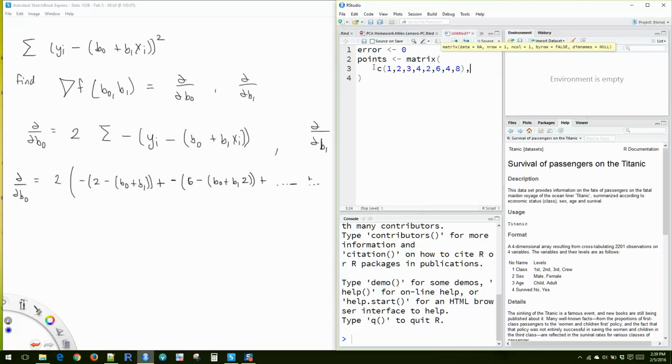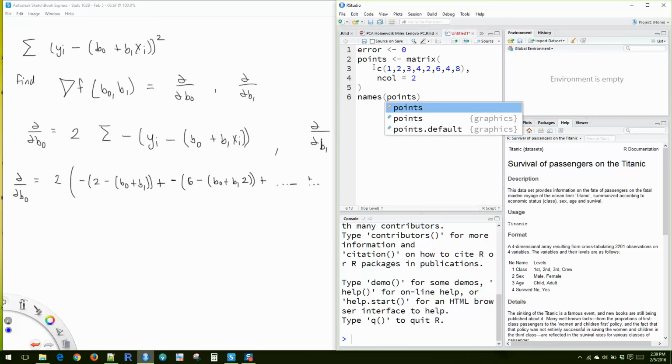Number of columns is 2, and the column names of points are x and y.